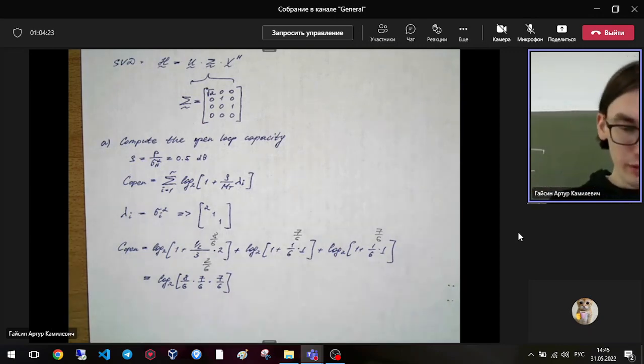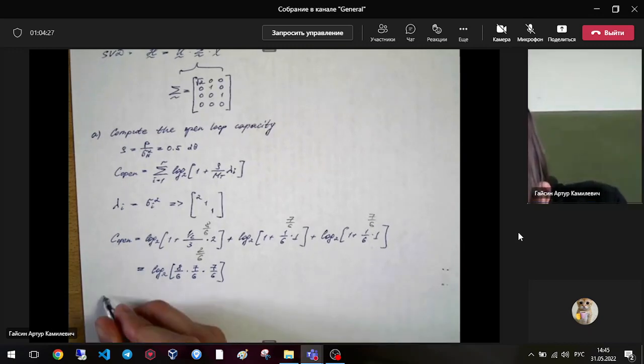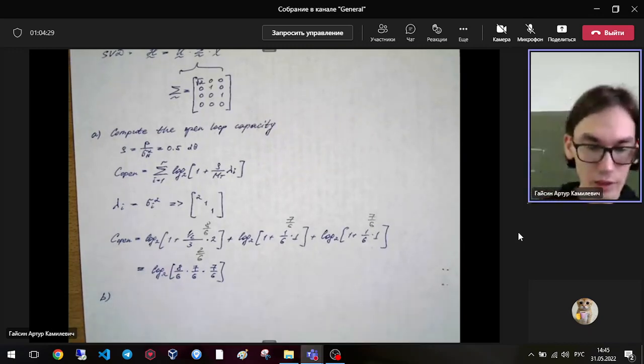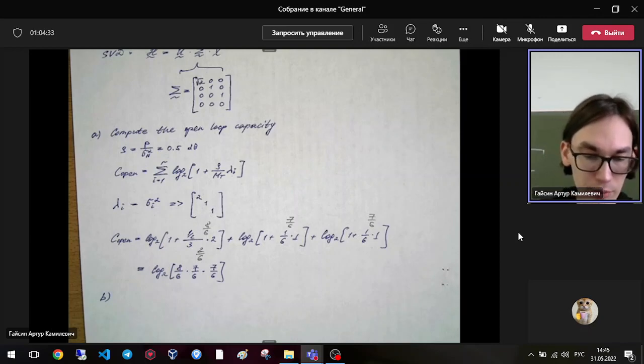And then the second thing, subtask B, is what is the optimal power distribution. If, for example, we say that signal to noise ratio goes to infinity or goes to minus infinity.